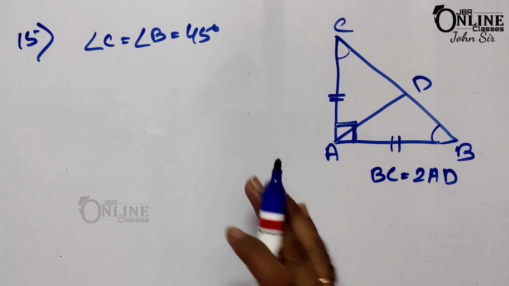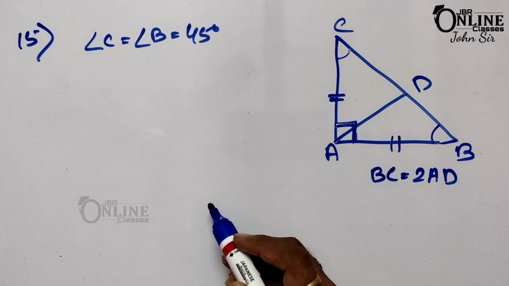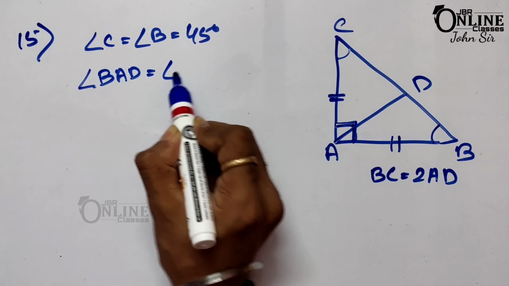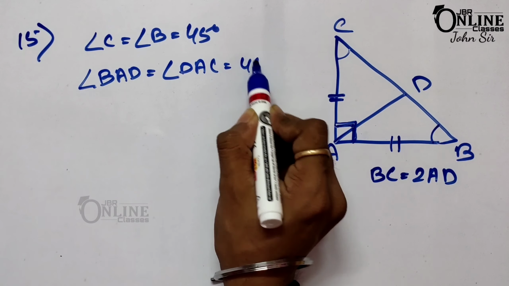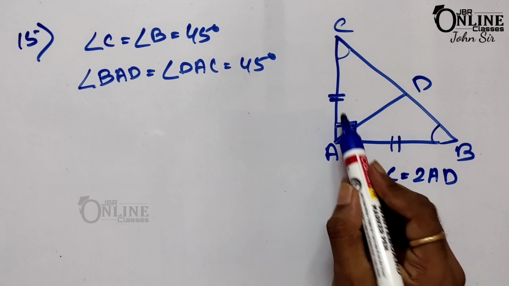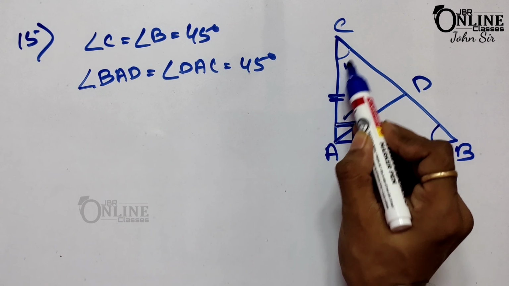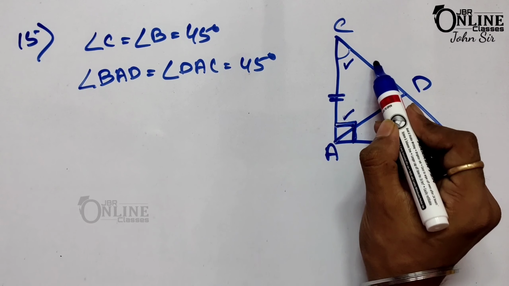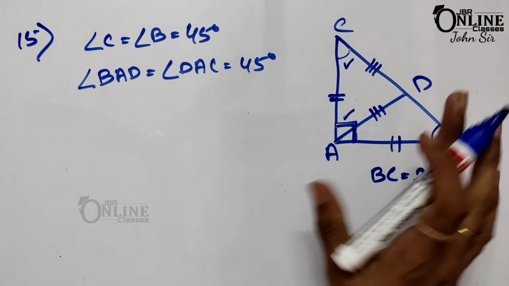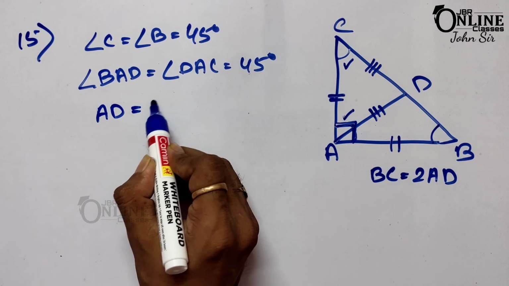Now the next thing is, DA is the bisector of angle BAC. So angle BAD equals angle DAC, that equals 45 degrees, because it is a bisector. Now in triangle ADC, this one equals 45, this one equals 45, then definitely this side equals this side, because this is an isosceles triangle. So here you can write AD equal to CD.